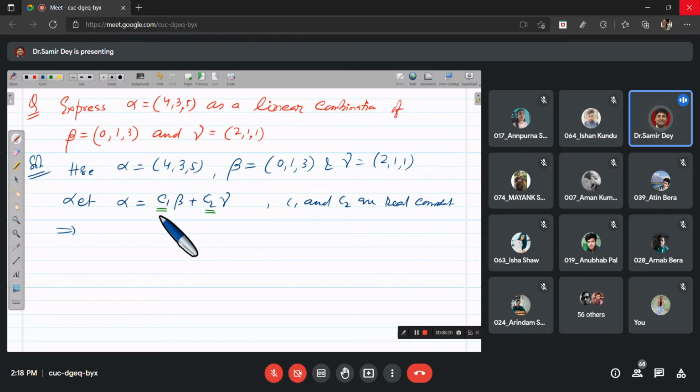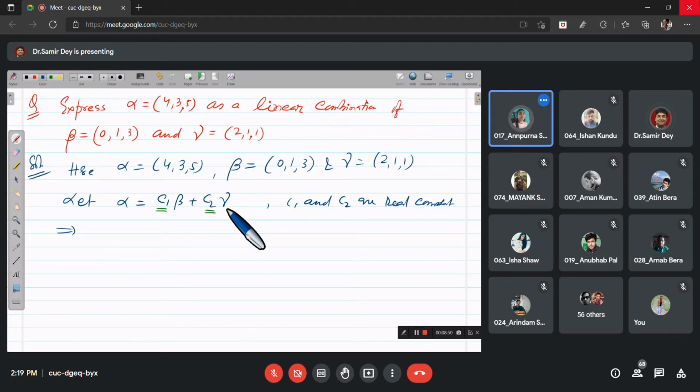If you can calculate the values of C1 and C2, then we can say alpha is a linear combination of beta and gamma. But if it is not possible, then we should say alpha cannot be expressed as a linear combination of beta and gamma. So from here it is clear, ultimately our main focus is to find the values of C1 and C2. Clear?